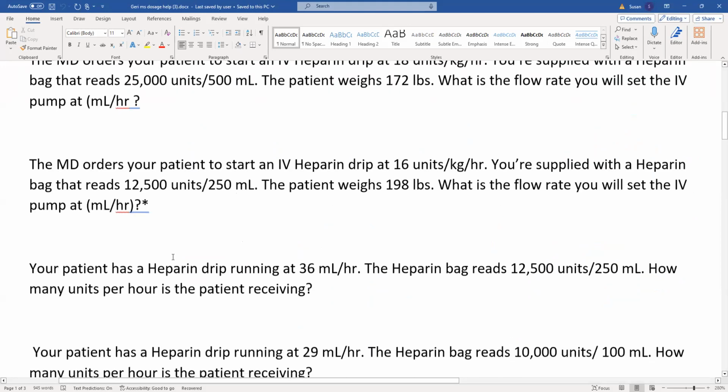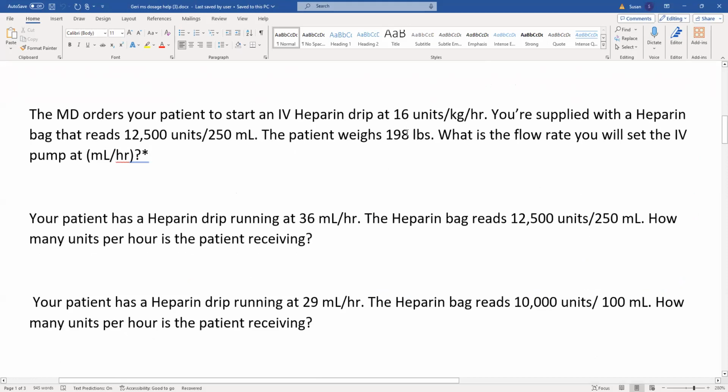Okay, here's another one done the same way. For those of you that have any difficulty, go ahead and try it. 28.8.